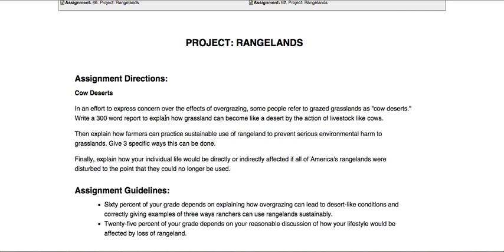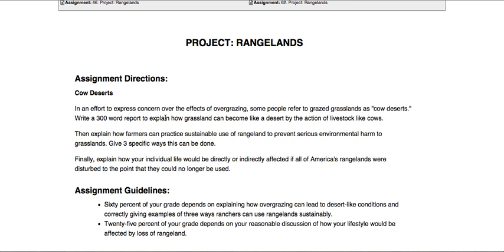Then explain how farmers can practice sustainable use of the rangeland to prevent serious environmental harm to grasslands. Give three specific reasons why this can be done. And then finally, explain how your individual life would be directly or indirectly affected if all of American rangelands were disturbed to the point that they could no longer be used.